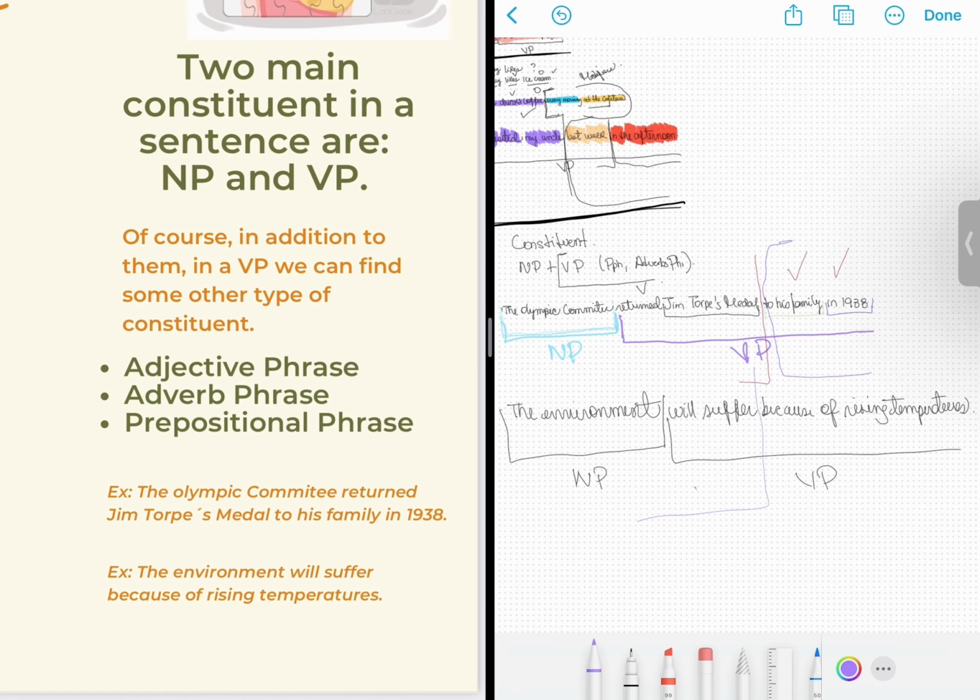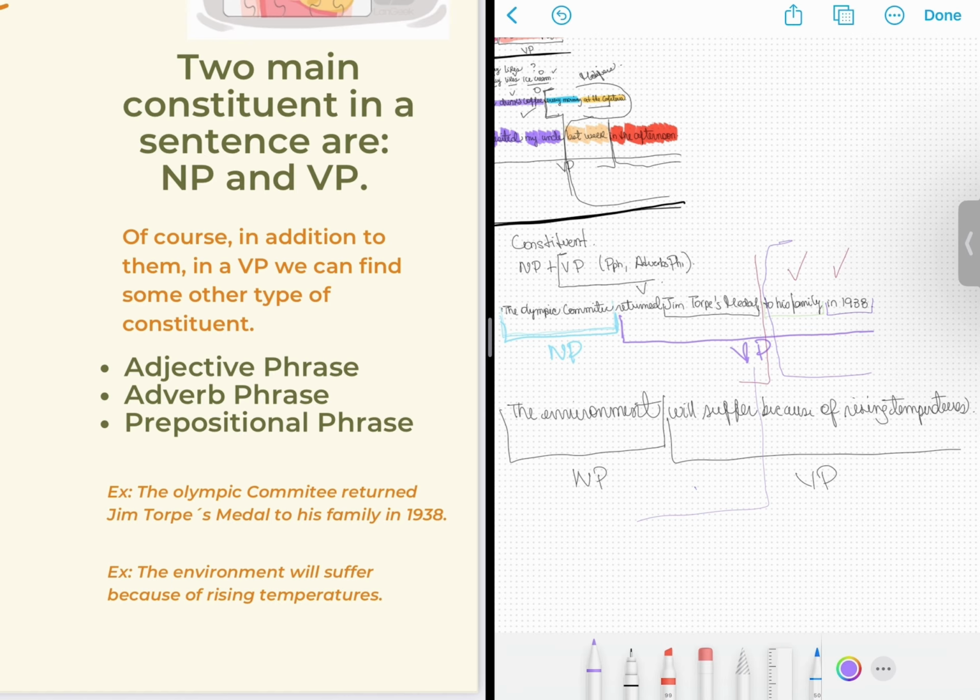It has a complete thought, a complete meaning. But in this case, I'm giving you extra information. I'm explaining why. Because of rising temperatures. Probably we can say pollution or many other things. So the environment will suffer because of rising temperatures.